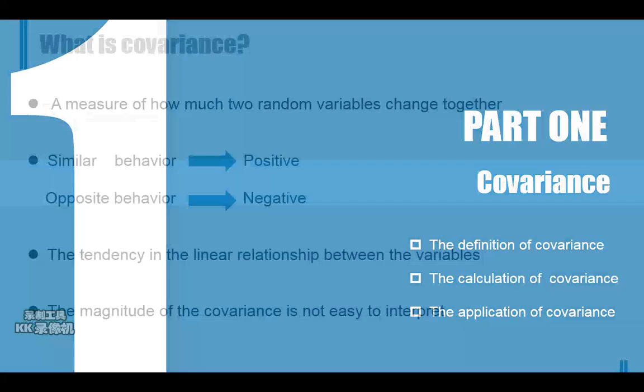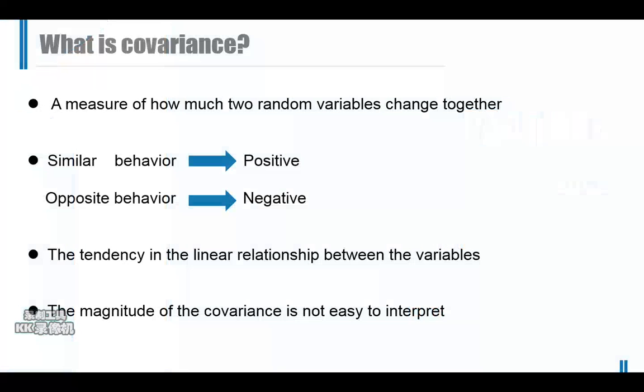So, what is covariance? In probability theory and statistics, covariance is a measure of how much two random variables change together. If the greater values of one variable mainly correspond with the greater values of the other variable, and the same holds for the smaller values, the variables tend to show similar behavior. The covariance is positive.